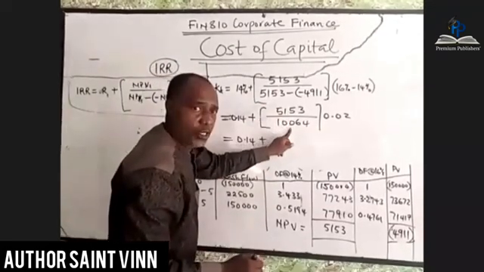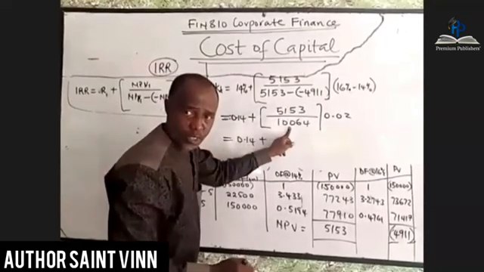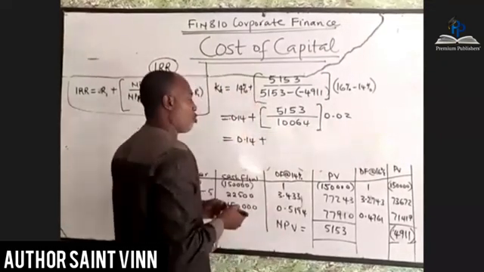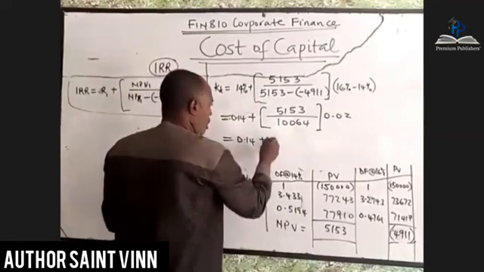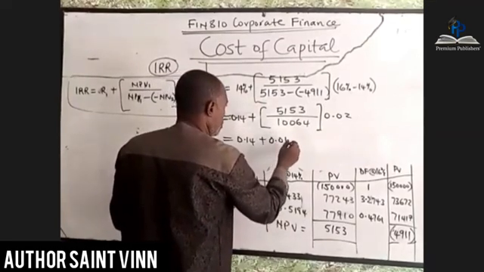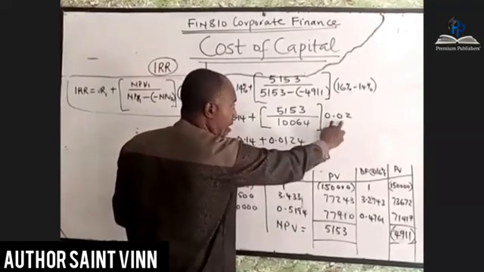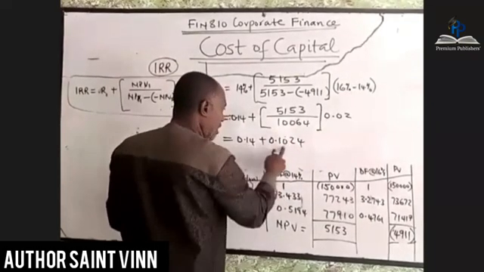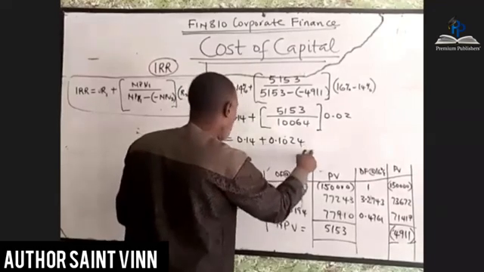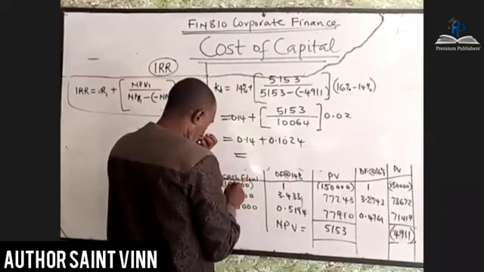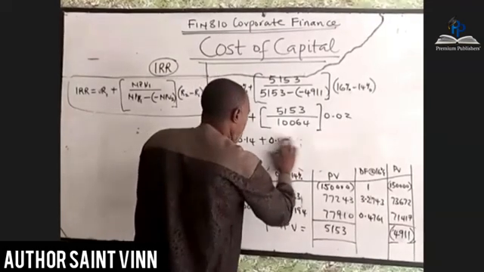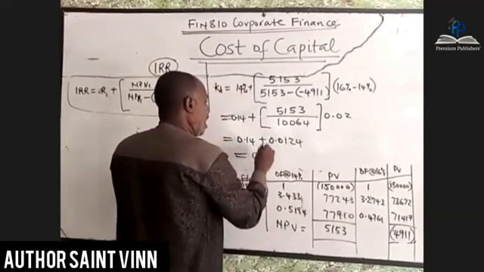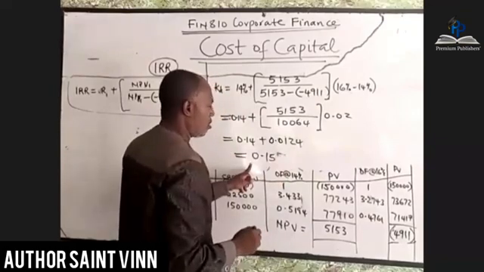Please divide this: 0.512, times this, times 0.02. That gives 0.0124, you multiply by this. 0.1024, then add to this. Like this, which approximately would be this. Am I correct? 15.